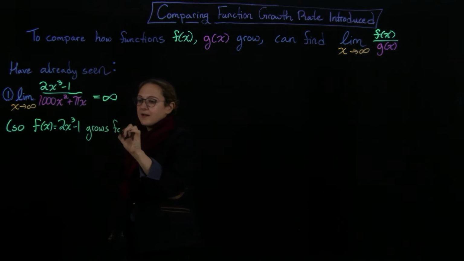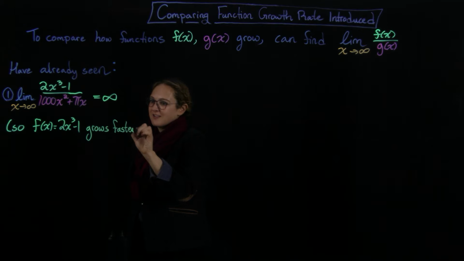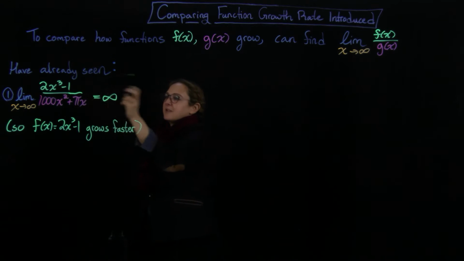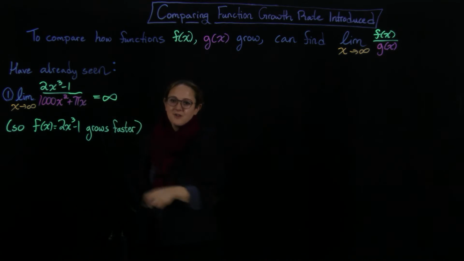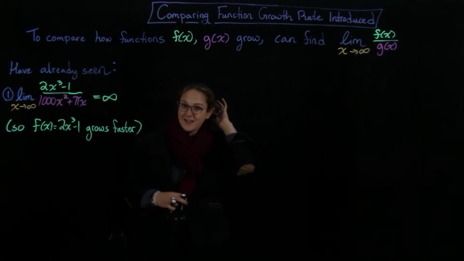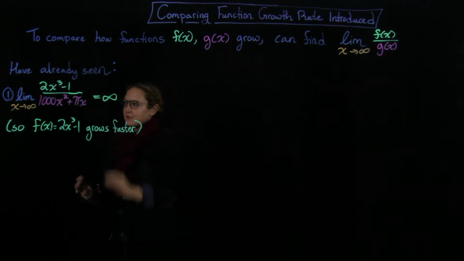As we go towards infinity, it must be getting bigger faster than the bottom. So it dominates. It's the top one, and the limit's infinity, so it grows faster.